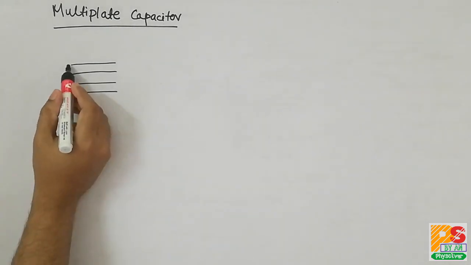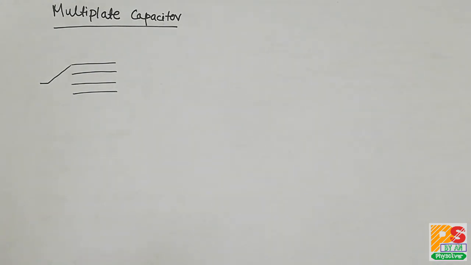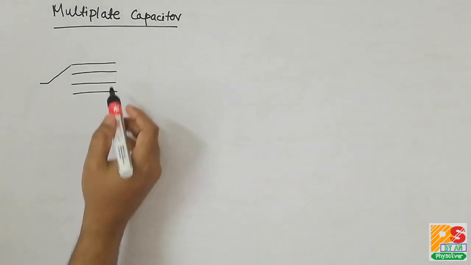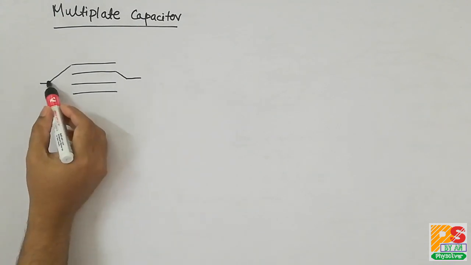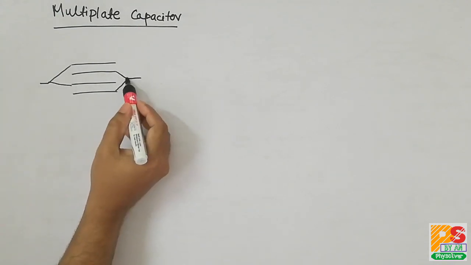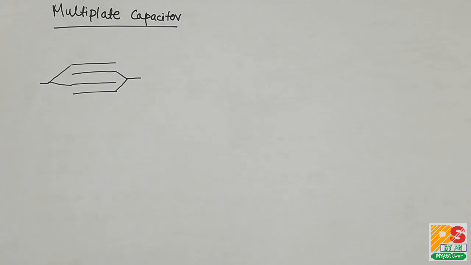Now the plates should be connected alternately to the left and right ends. As you can see here, the top plate is connected to the left, the next plate is connected to the right, and so on. Therefore here we have a total of 4 plates.